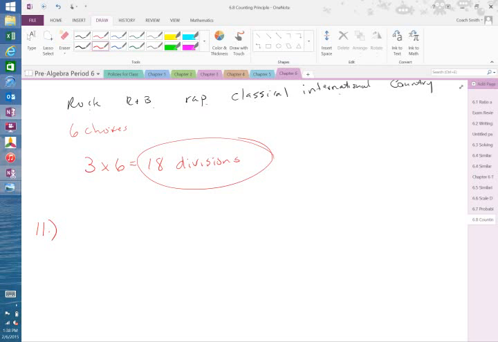Number 11 says, you spin spinner A 2 times. Find the probability that it stops on 1 and then 2. Okay? So first of all, you're going to spin spinner A 2 times.